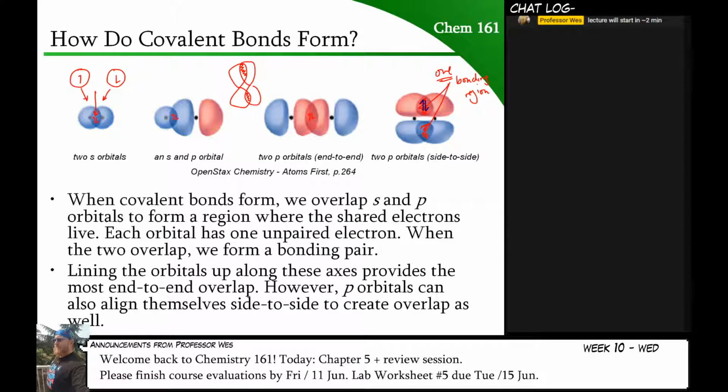So those are all the ways covalent bonds can form. They can form by head-to-head overlap of s orbitals, or an s and a p orbital, or two end-to-end p orbitals. Or I can do this side-to-side thing.